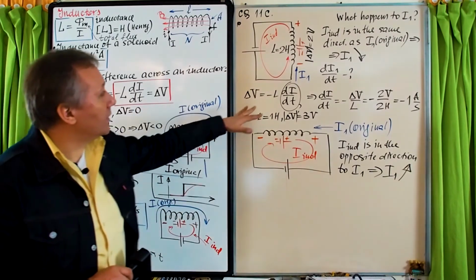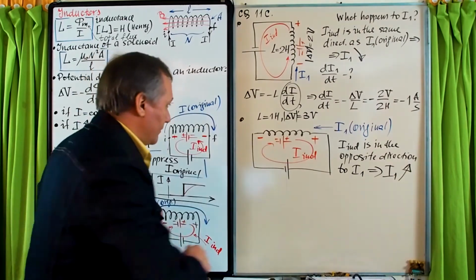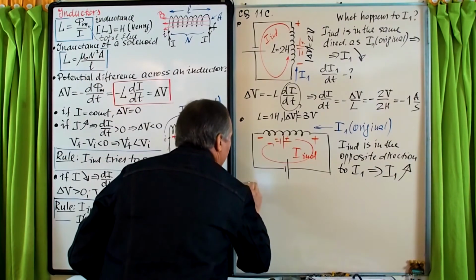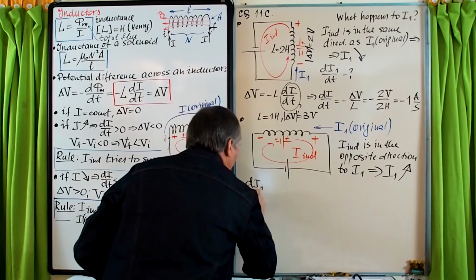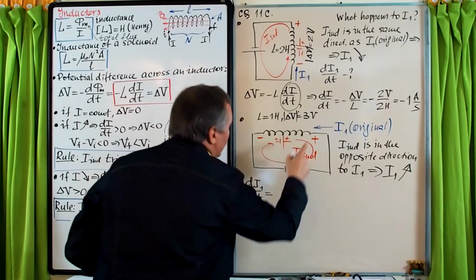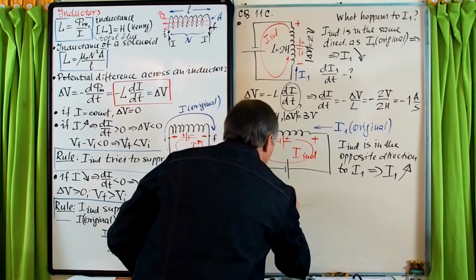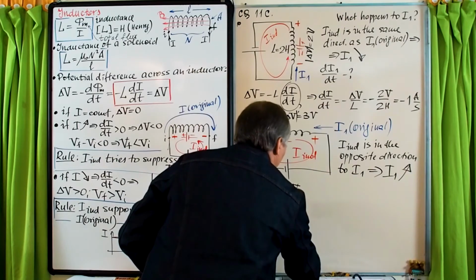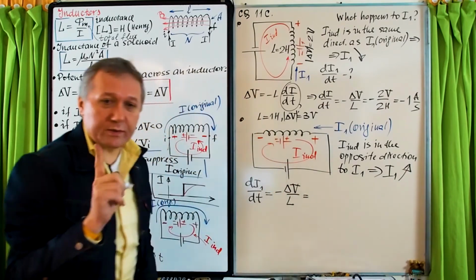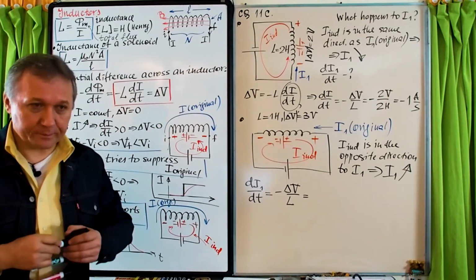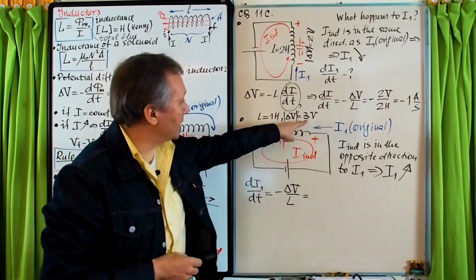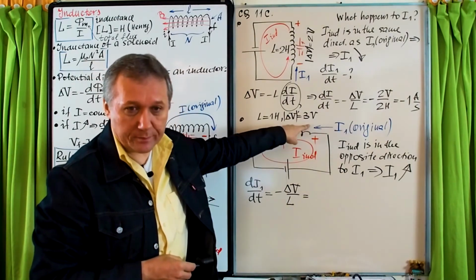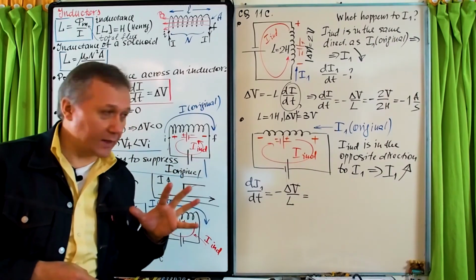And now let's calculate di over dt. So di1 over dt, similar, it will be just minus delta V over L. Now with delta V you have to be careful, because what I gave was delta V absolute value 3 volts. But now we have to get the correct sign.